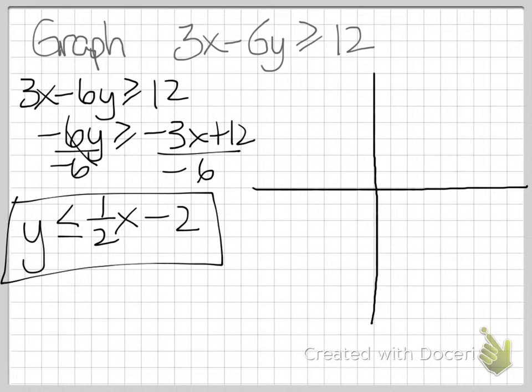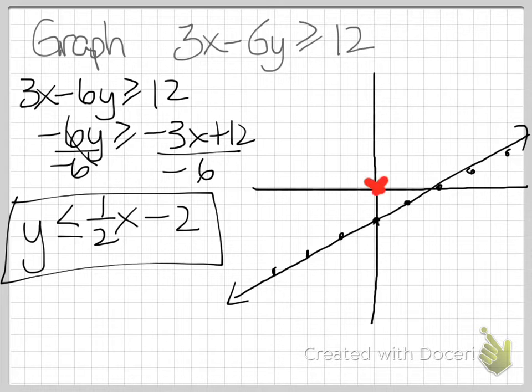So we need to graph the line y equals 1/2 x minus 2. Starting at the y-intercept of negative 2, and then our slope is rise 1, run 2. So we're going to graph a number of these points to correctly graph our slope. And it's less than or equal to, so it's going to be a solid line that we're going to graph. And then again, we need to pick a test point.